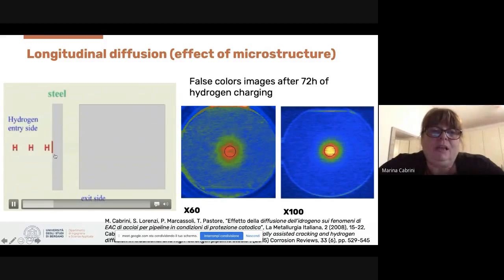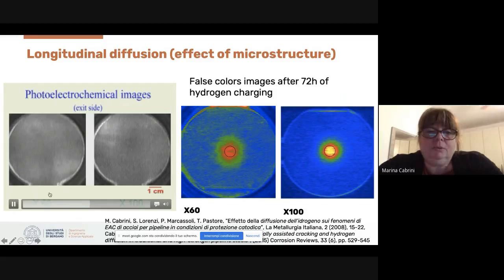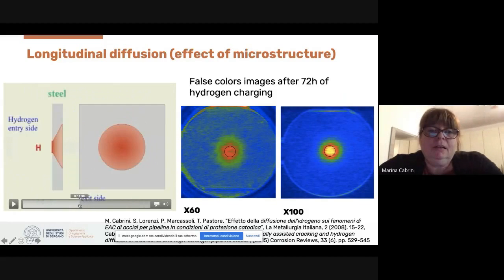We use a very small entry side window and a very large exit side window, for which it's possible to observe the transversal hydrogen diffusion, but also the hydrogen escaping from the perpendicular direction and going in the longitudinal direction.